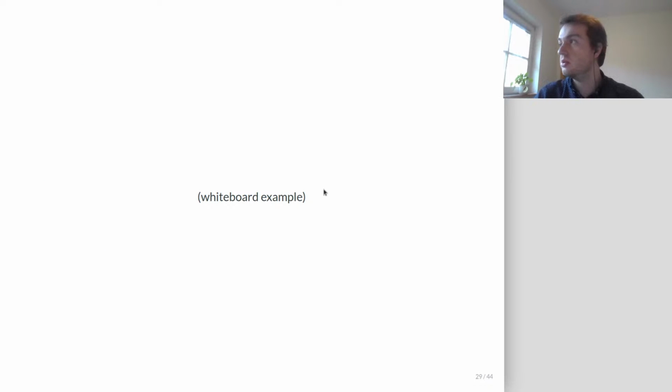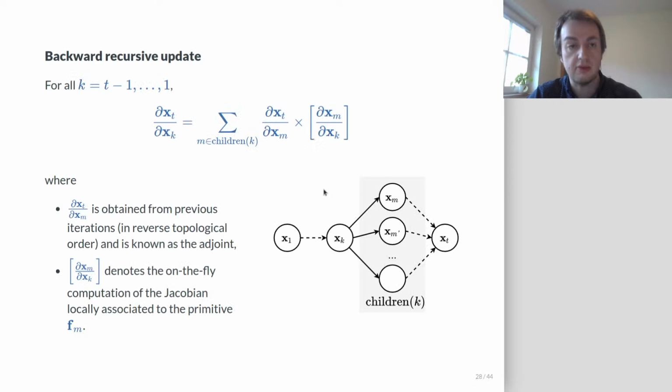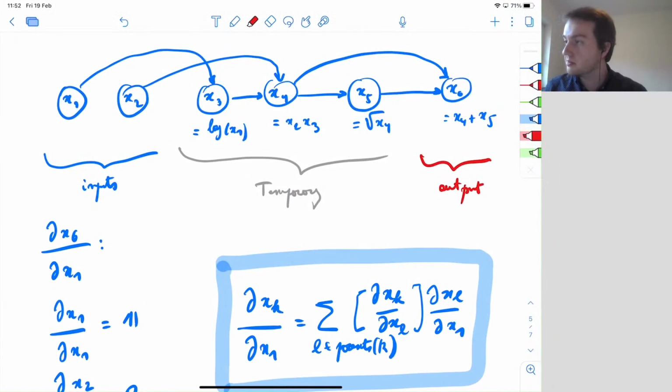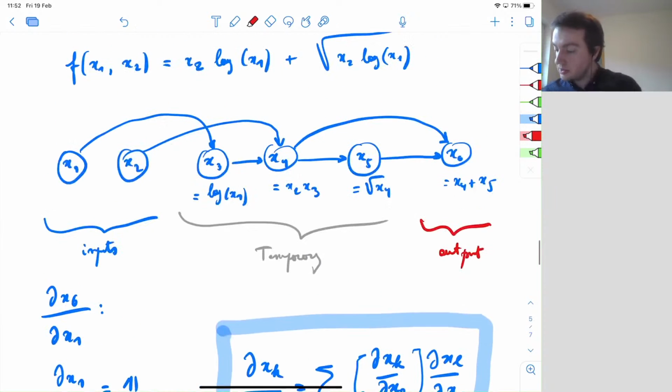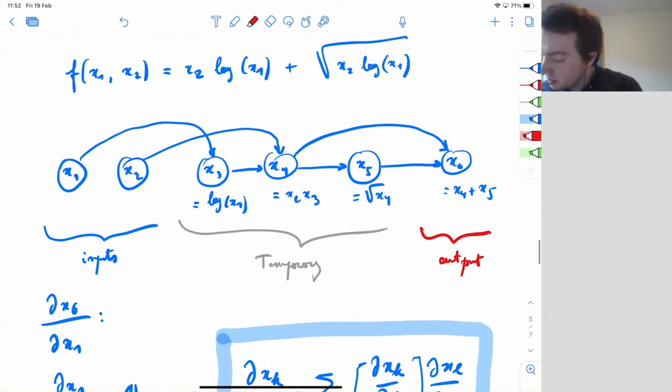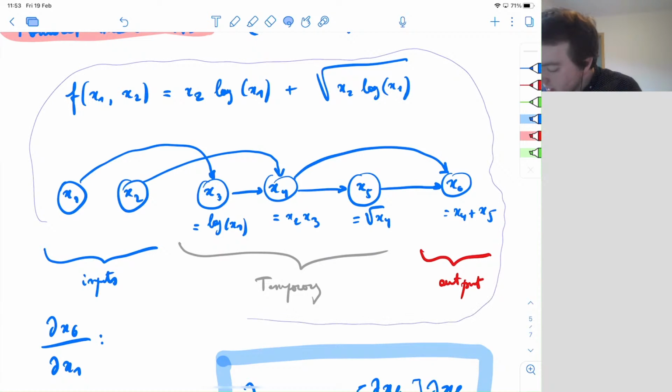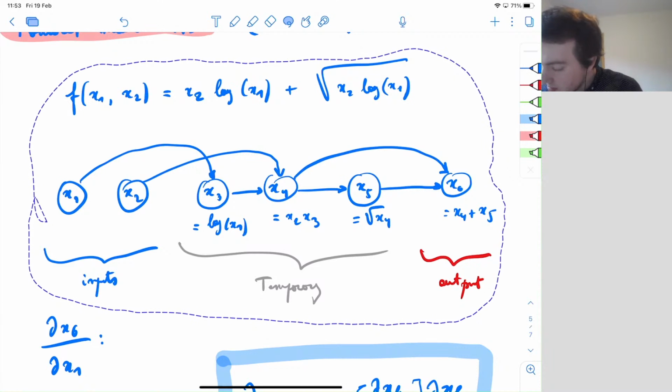All right, so we'll now run the same algorithm, the reverse mode of automatic differentiation, on the same graph as we just did for the forward. So let me copy this. And that will be the last development for today.